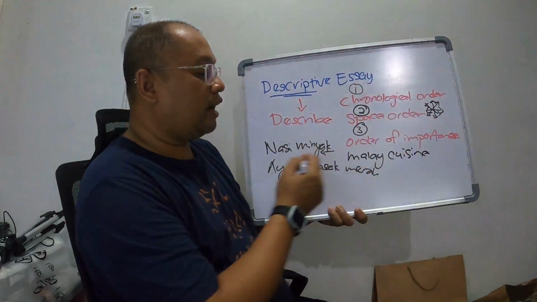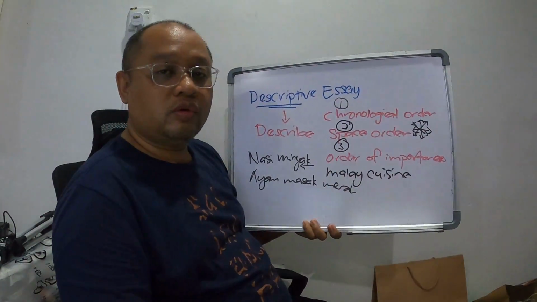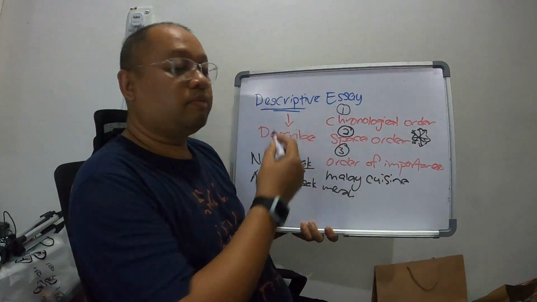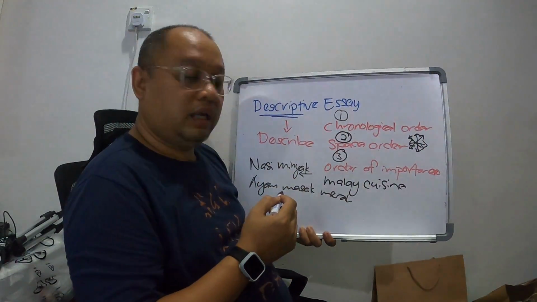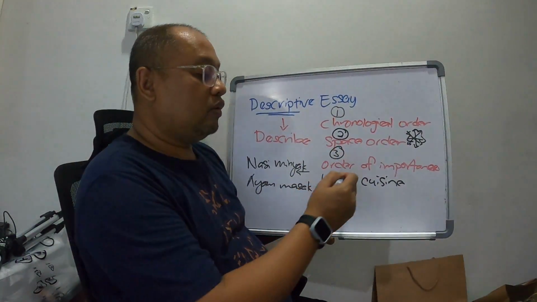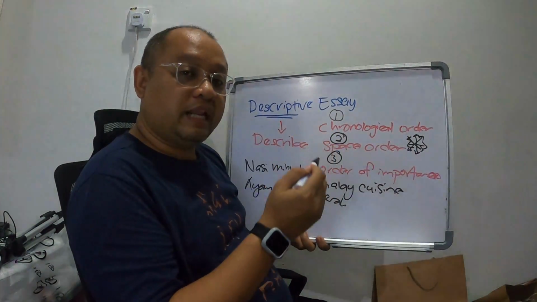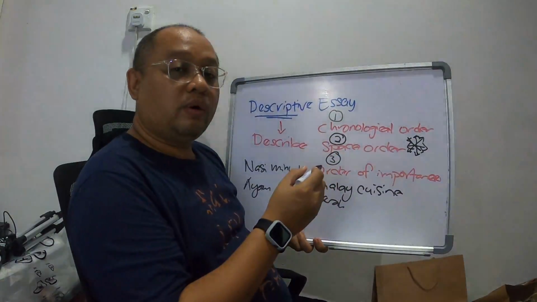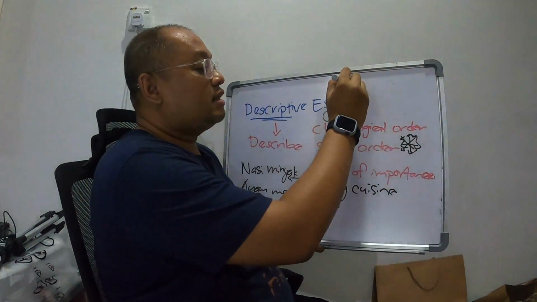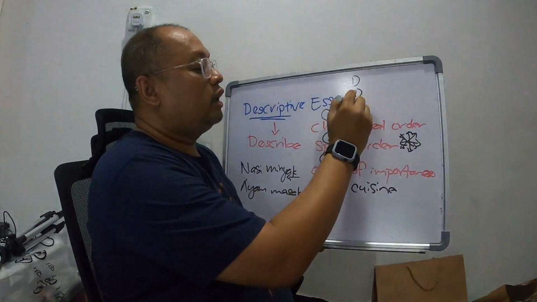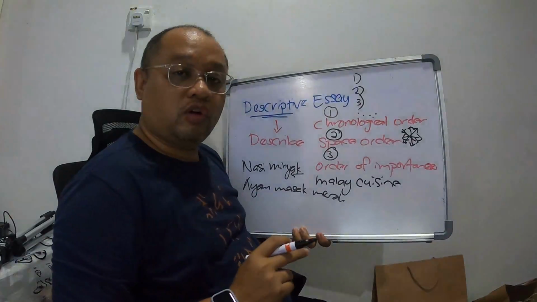So basically we have here three approaches or three methods that you can use when you are writing a descriptive essay. You can use chronological order, you can use space order, you can also use order of importance. For chronological order, I'm going to repeat again. This is about you are following the steps. Let's say step number 1, number 2, number 3, and the rest. That is about chronological order.